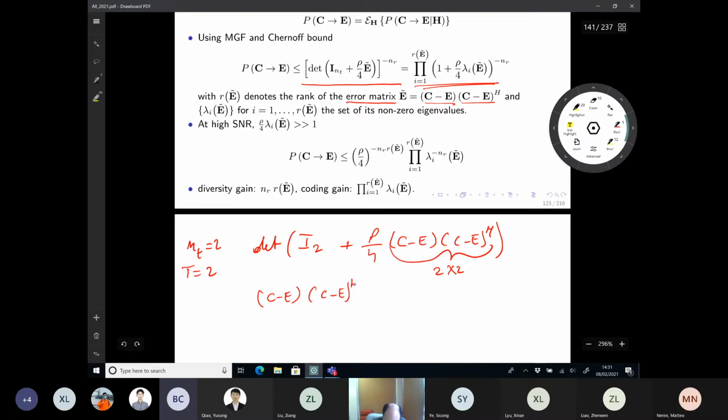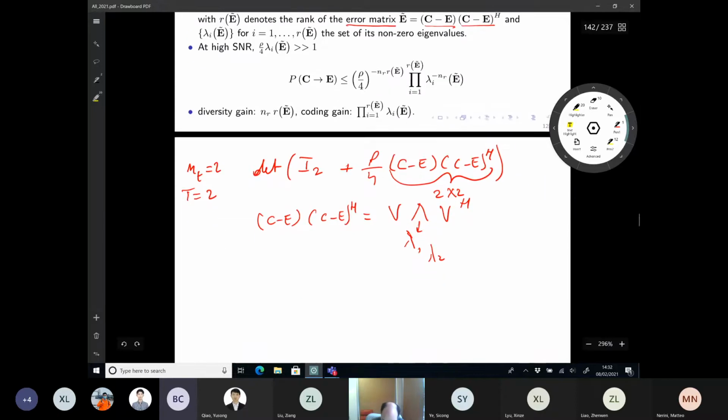So my C minus E multiplied by its Hermitian is Hermitian, so I can take an eigenvalue decomposition, not SVD: V lambda V Hermitian. And here for the lambda, I'm going to have two entries, lambda 1 and lambda 2. So I write this determinant of I_2 plus rho over 4 V lambda V Hermitian, and we have done this before.